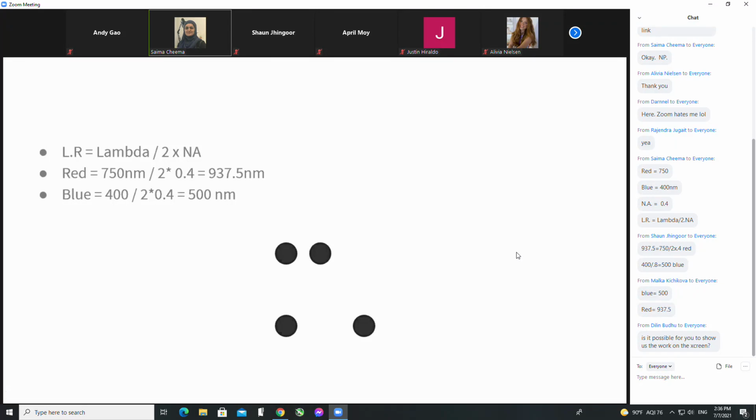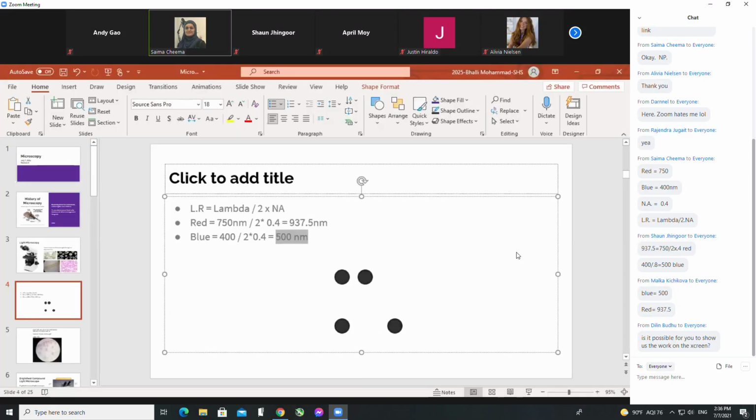Okay, so you should try, and maybe I can make it a part of an assignment, using the same light, let's use blue light, and two different objectives, one with a numerical aperture of 0.4 and the other with a numerical aperture of 0.6. And let's see how that changes the power of resolution for that microscope. So let me see if I can change that activity for you.